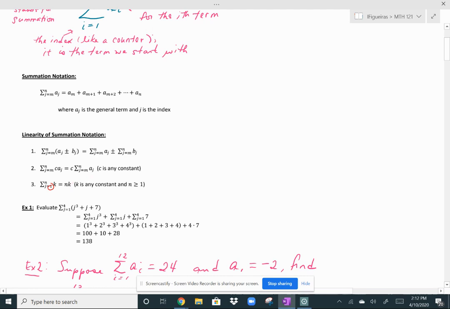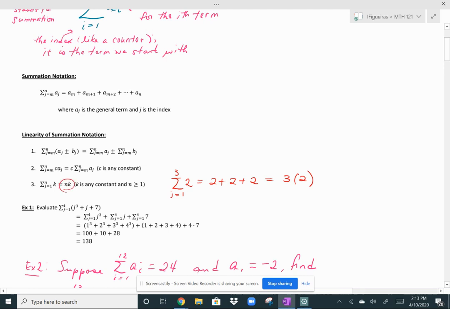So repeated addition is just multiplication. If I said the sum as j goes from 1 to 3 of 2, that is 2 plus 2 plus 2. You do it 3 times, but that's the same as 3 times 2. You get the same result, and that's exactly what this is telling you.